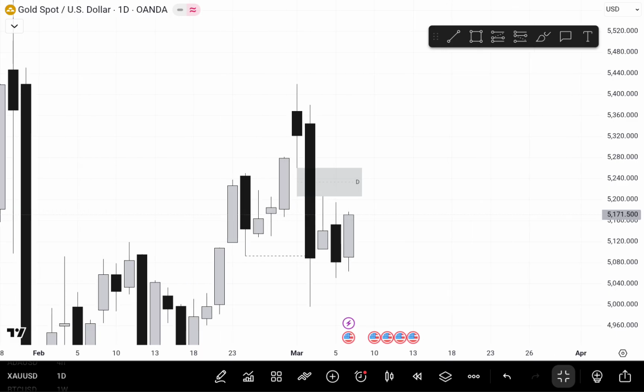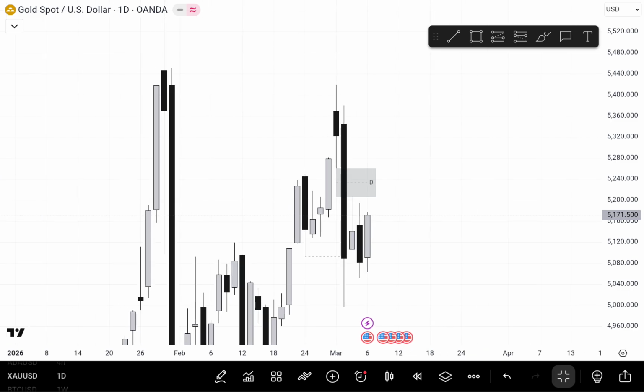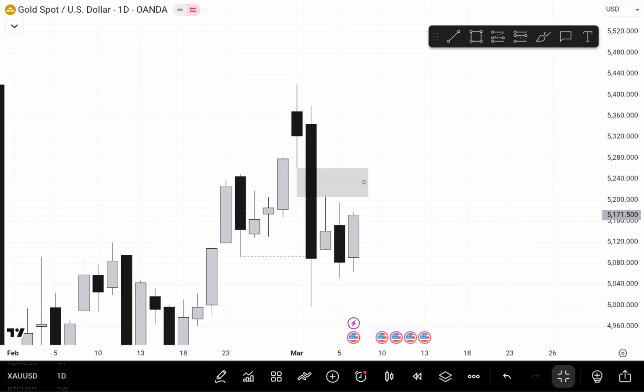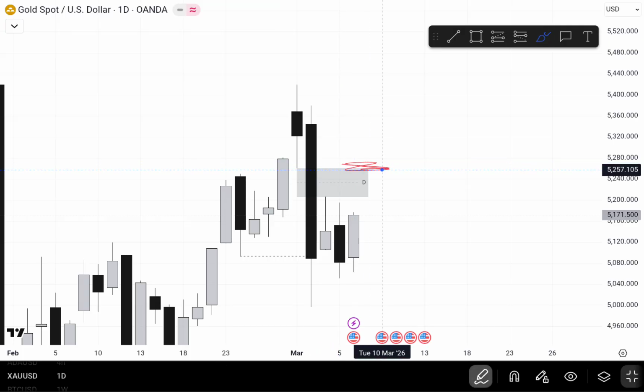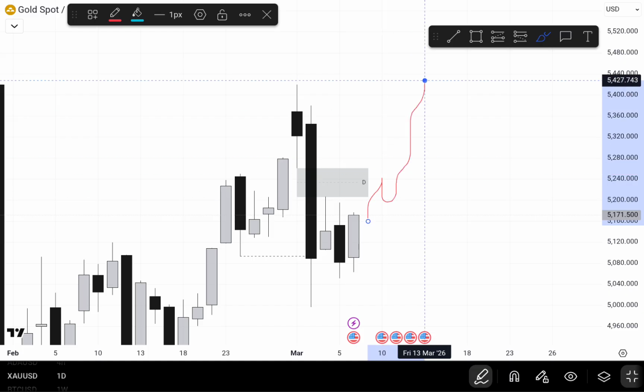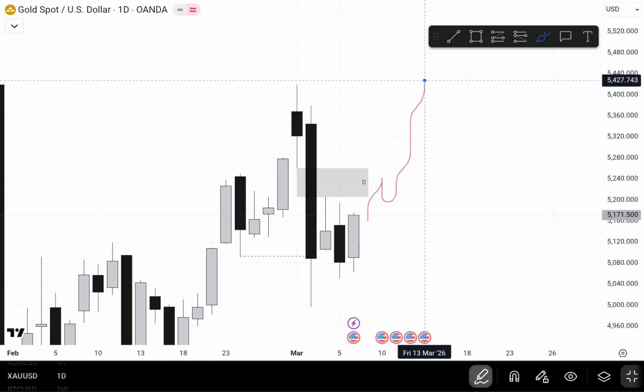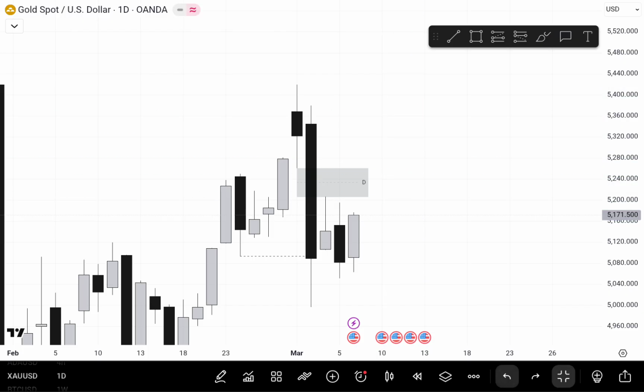Yes, the monthly and the weekly are stronger time frames than the daily, but we always want to play the highest probability trade as much as possible, to always be on the winning side. So I'm saying for this daily fair value gap to get violated, if it does, or we create a new daily fair value gap on the daily time frame this week, then I will be looking at that level to take buys from. So that is just it for gold.